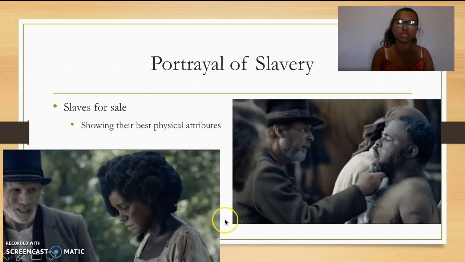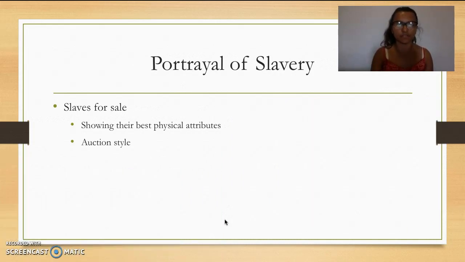And here we see Cherry Ann, who eventually becomes a very important character in the film. And the way that she was looked at was in more of a sexual light, because as people were bidding prices on her, you could see some of the people in the auction were grabbing at their pants and looking at her as a way to like abuse her or use her, not for like anything physical.